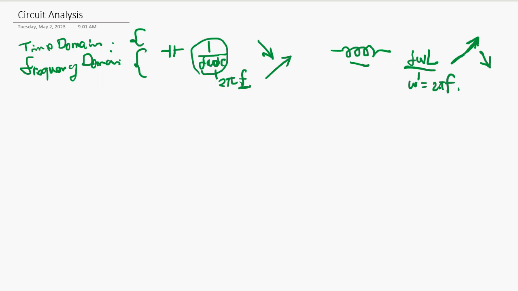So we start with the time domain. For example, we have this kind of circuit. If it's a sine wave, we can simply use this impedance to solve.